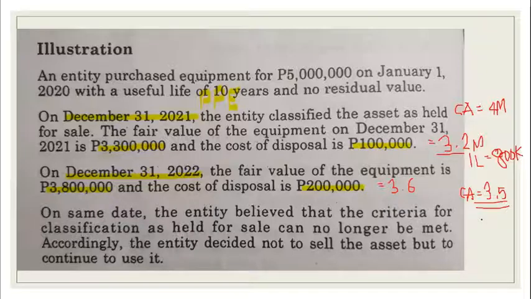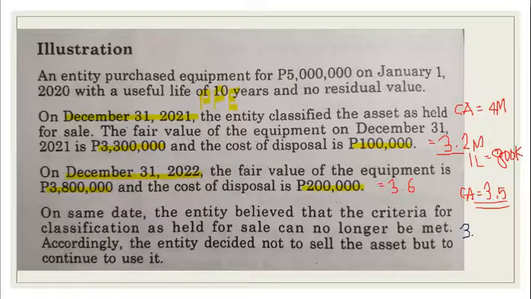Now, what if the lower value is your recoverable amount? Then, of course, your depreciation will be based on the recoverable amount. Let's say, for example, instead of 3.6, your recoverable amount is 3.4.